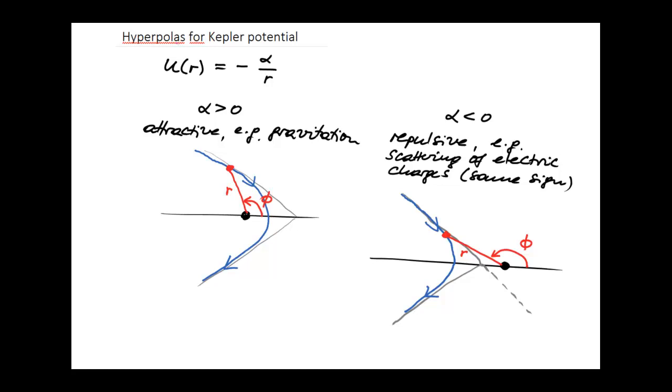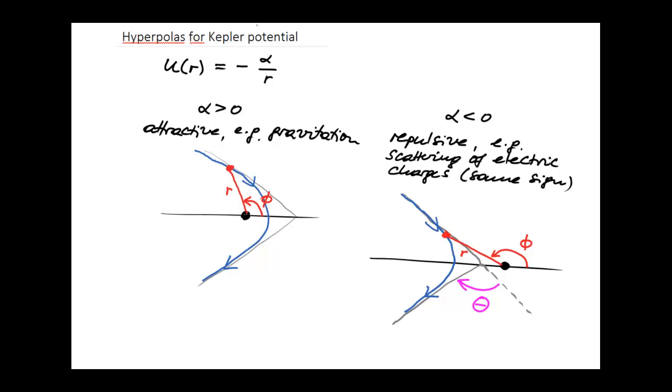It would continue on this dashed straight line. But since it feels the repulsive force of the central potential, it's deflected off this straight line. And the scattering angle that we had introduced earlier is this angle here. This purple angle, that's the scattering angle theta.